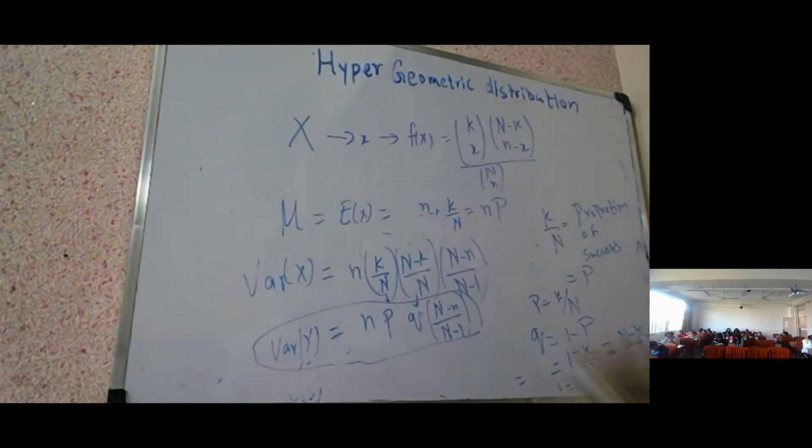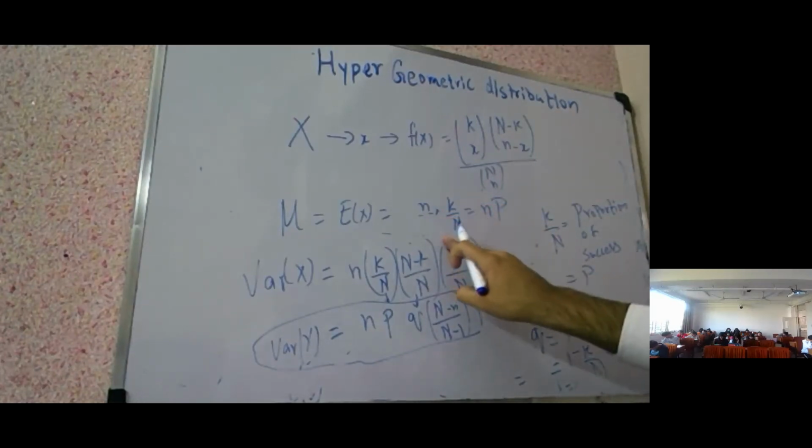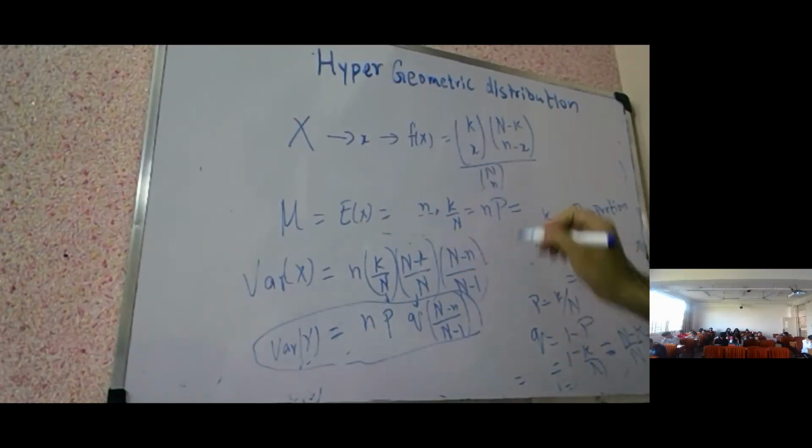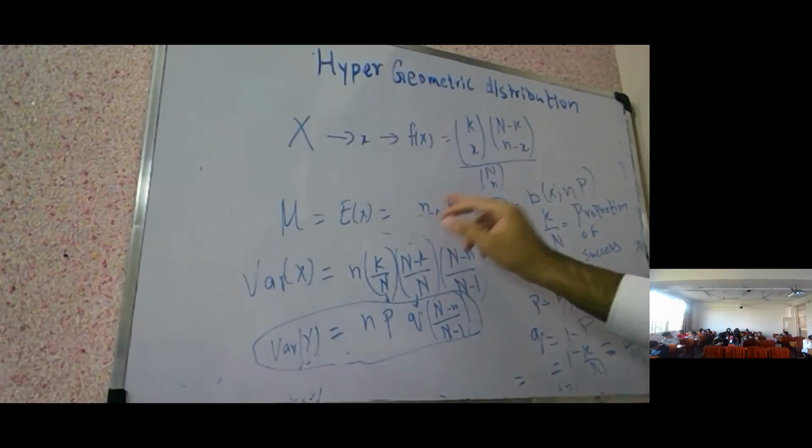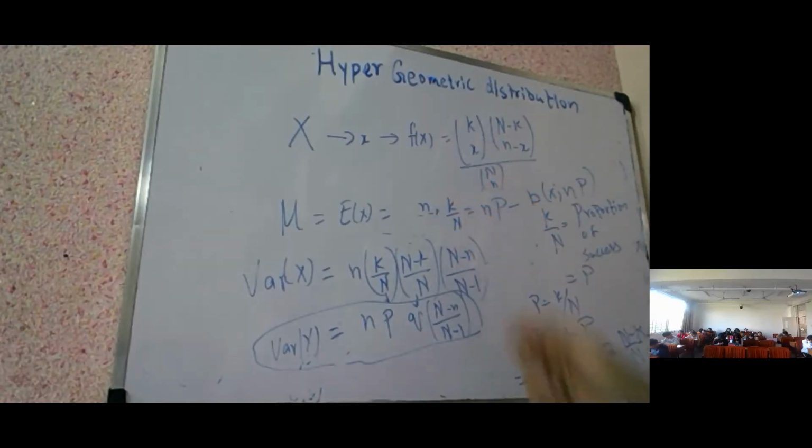Now at this point, if k upon n is exactly the p, the proportion of success, then we can say it tends to a binomial distribution with mean np, right? Parameters n, p. So here, these are the parameters n, k, n. These are the parameters, and mu is nk upon n.